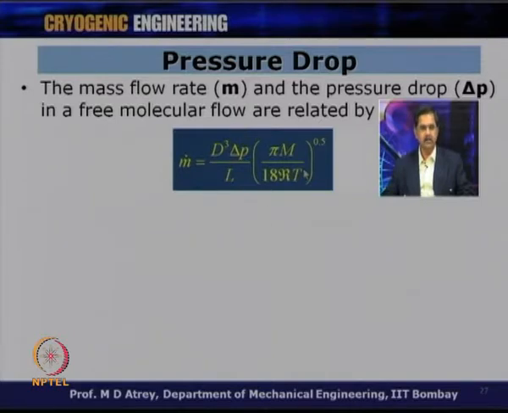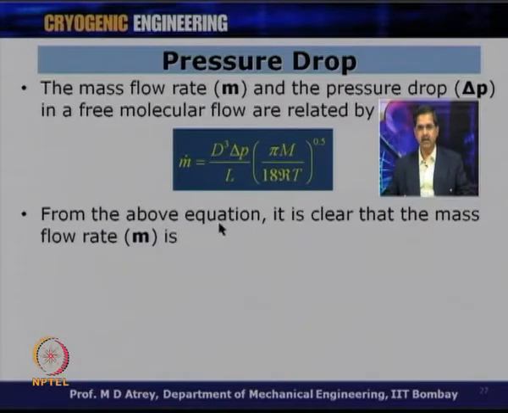So, things are changing as we shift from the continuum region to the free molecular region, and this is very important, because we will have to understand what diameter and what length I should use if I were to connect my vacuum pump with the space to be evacuated. If I know that the region to be evacuated has so much diameter and length, I will have to understand the dynamics of molecular flow in that particular space.